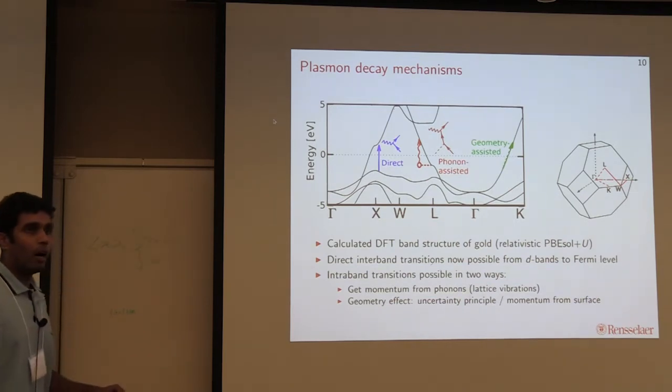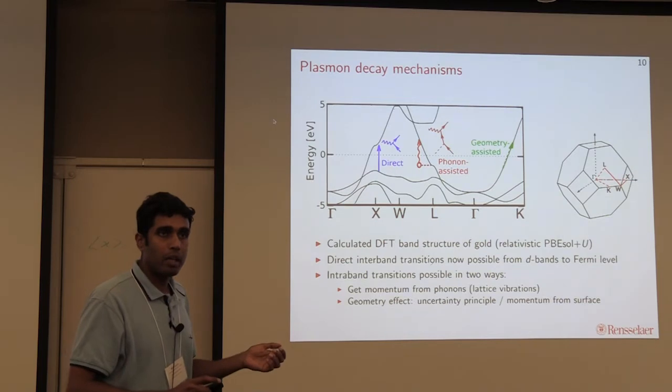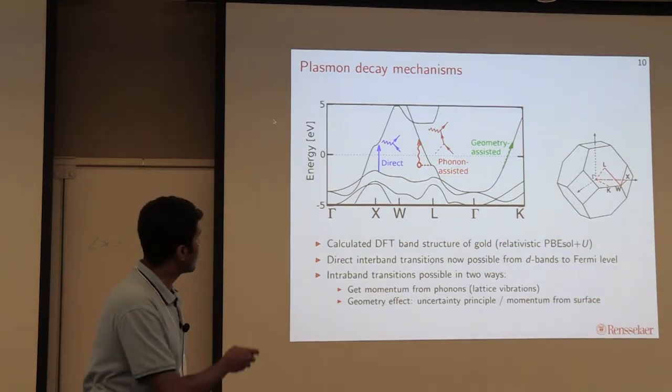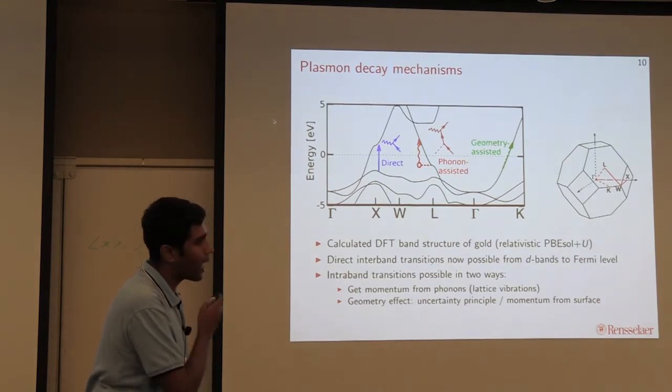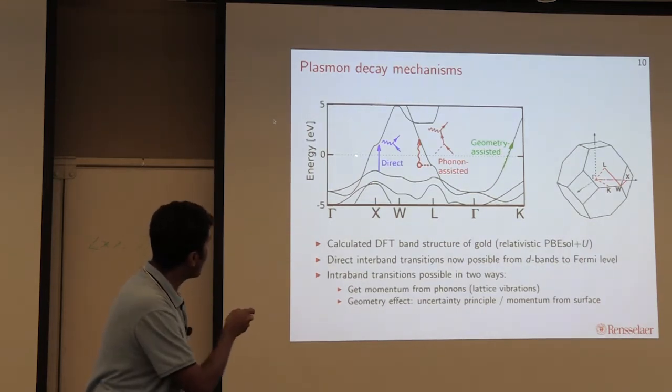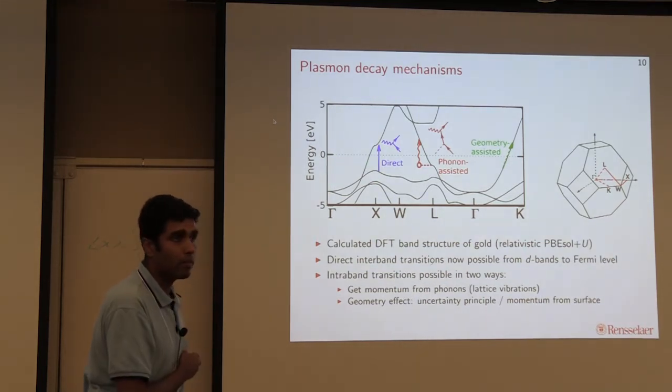So once we set that up, the rules that we laid out before are exactly the same. You need to conserve energy and momentum. So if you want to absorb a photon, you need to match the length of the arrow here, right? You need one state to be below the Fermi energy, up to which the electrons are occupied, and you need the final state to be above, right?